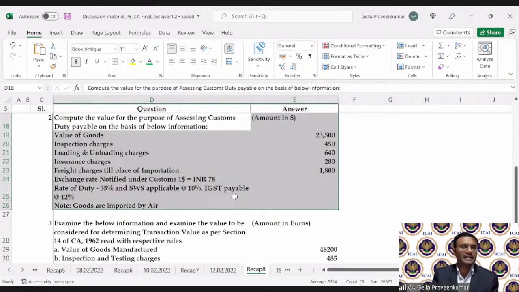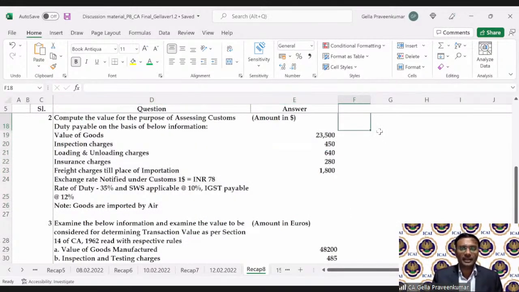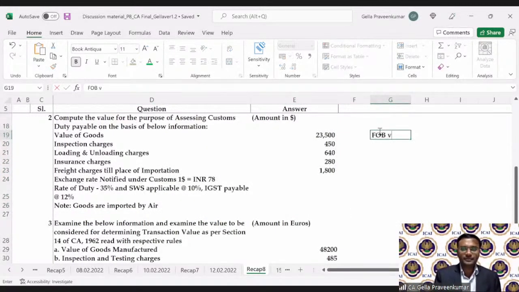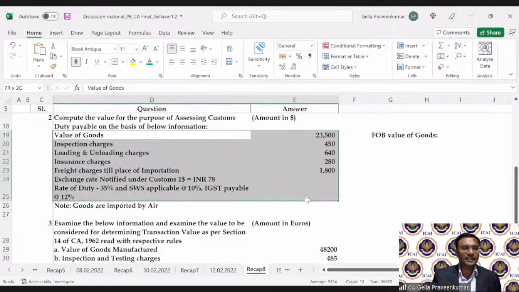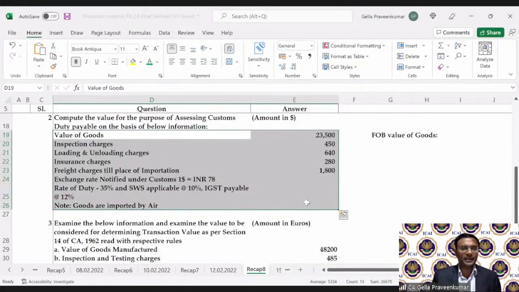Can someone let me know, on the basis of this information, what is my cost, the FOB value? Based on the given information, please do the calculation and let me know the FOB value.